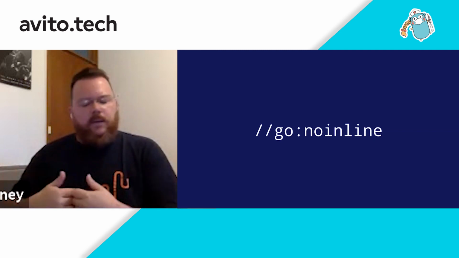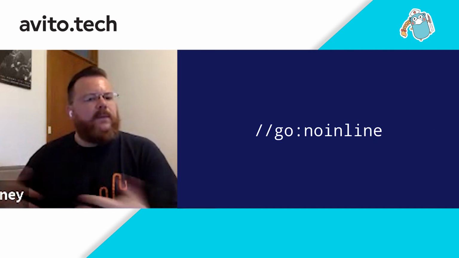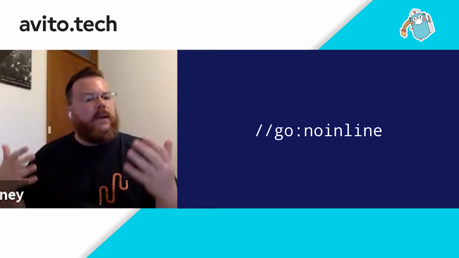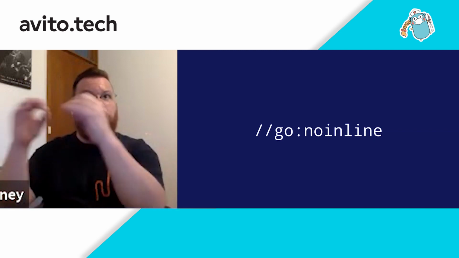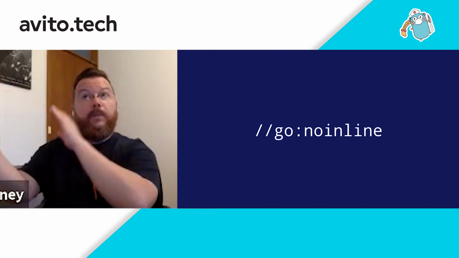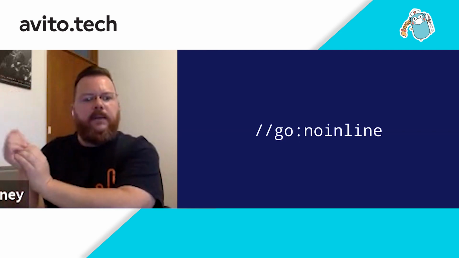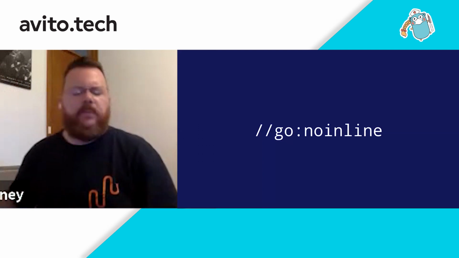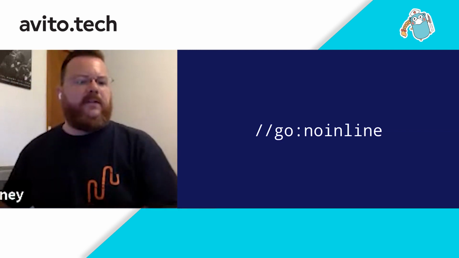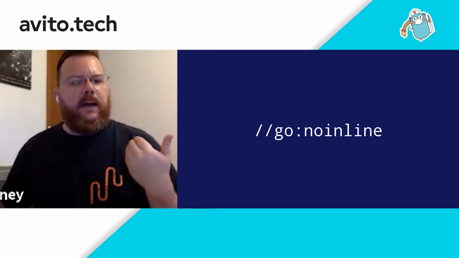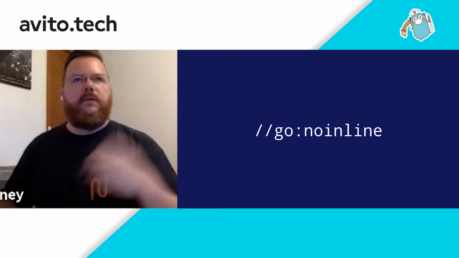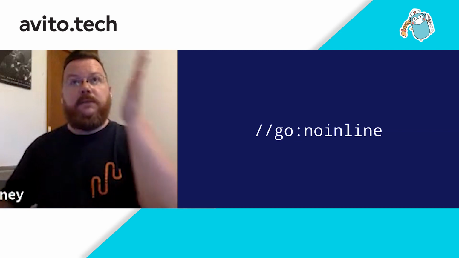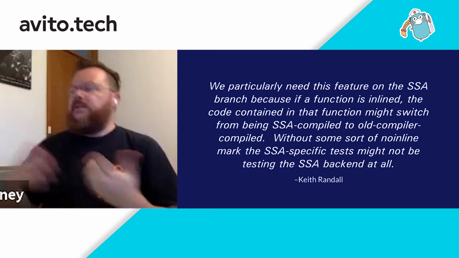It turned out that when Keith and the Go team were developing the new SSA backend, they did want to turn off inlining, in this case for small test functions where they wanted to write a function that tested only one particular aspect of the compiler, because inlining would change the results and most often create incorrect code or crash the compiler. So they needed a way to turn inlining off, not using -N, which is where you turn it off globally, but just say, don't inline this function. This was the justification.